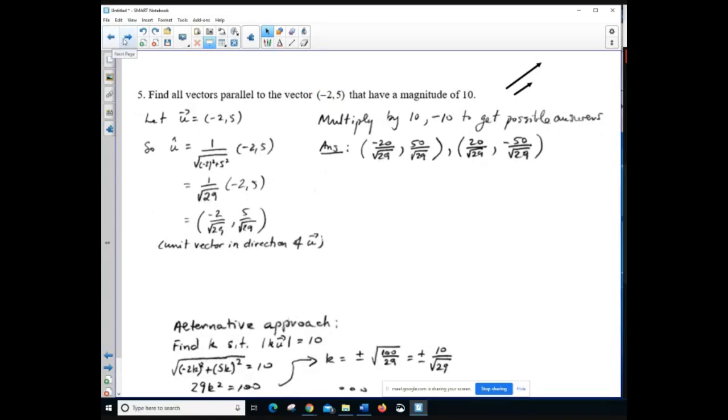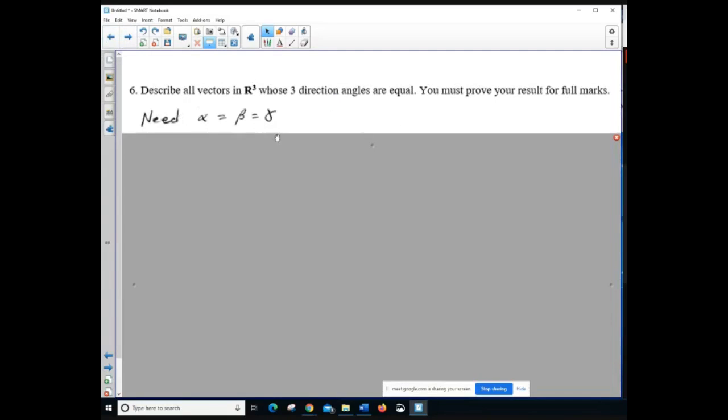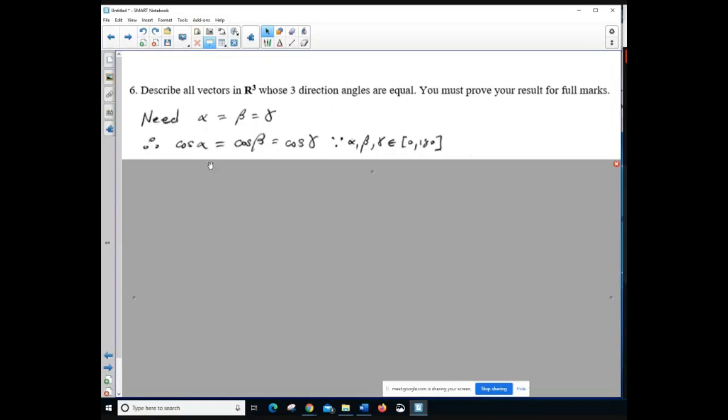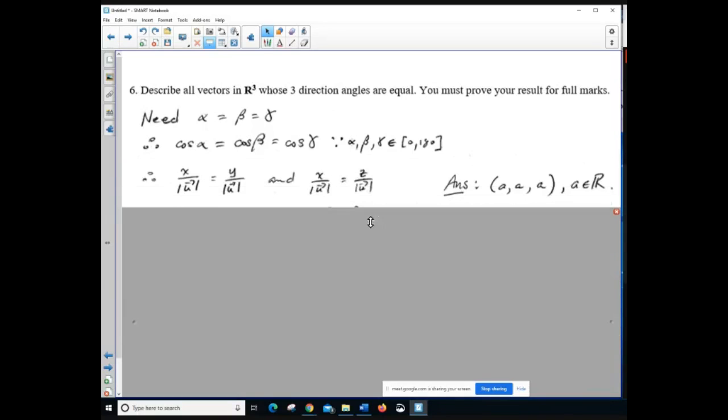Okay. So here I need alpha equal to beta equal to gamma. If those three angles are the same, then cos alpha will also have to be equal to cos beta, which has to be equal to cos gamma, okay? But then if these are the same, I can start equating what they're equal to.